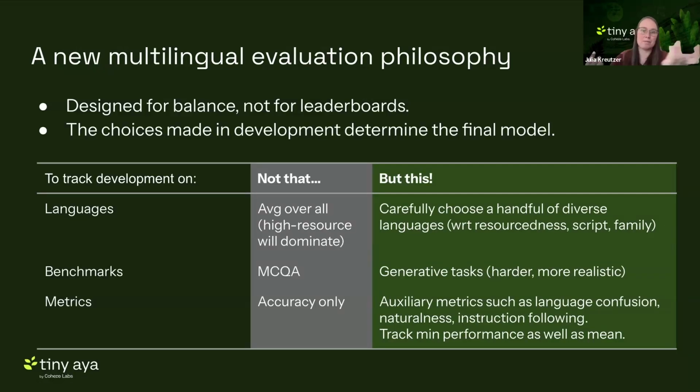This might or might not affect accuracy in some tasks, but these are aspects that we want to highlight. And we want to track minimum performance, not only the mean, because we're very concerned about sharp drop-offs where we don't have balance because we lose performance on a few underrepresented and under-focused languages.